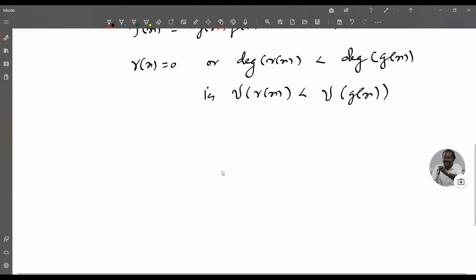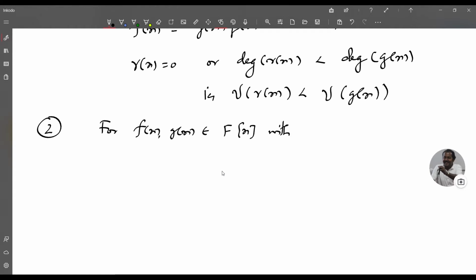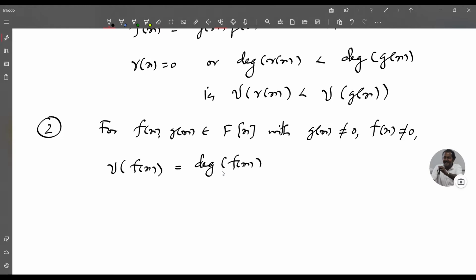Now condition 2. For f of x and g of x in F of X with g of x not equal to 0 and f of x not equal to 0, we have nu of f of x that is equal to degree of f of x, and this is clearly less than or equal to degree of f of x times g of x, that is nu of f of x times g of x.